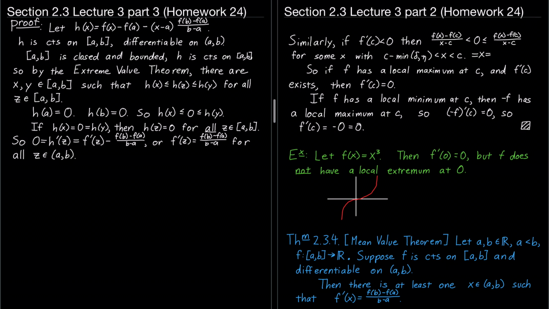So now let's look at the next case. If h of x is less than 0, then the first thing is that x cannot be either of our endpoints. It can't be the left endpoint a. It can't be the right endpoint b, because h of a and h of b are both 0. So x is in (a, b) and is a local minimum.